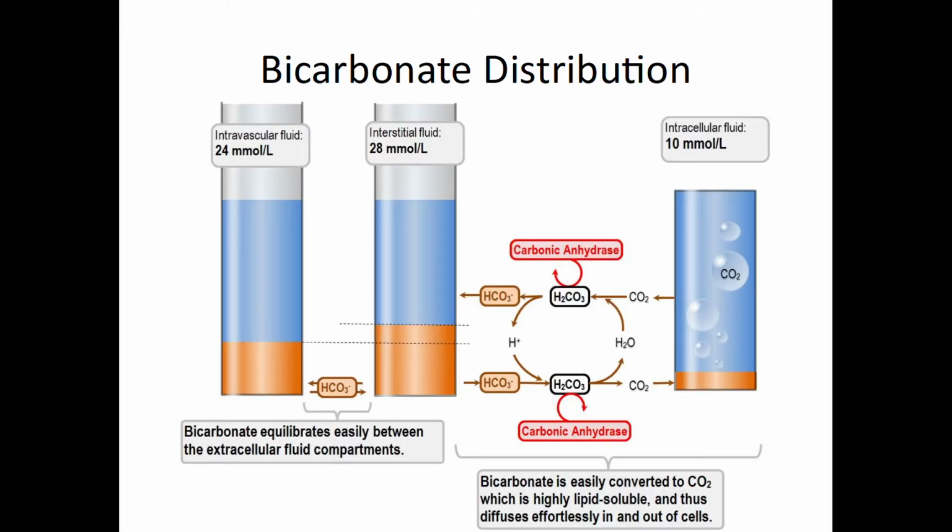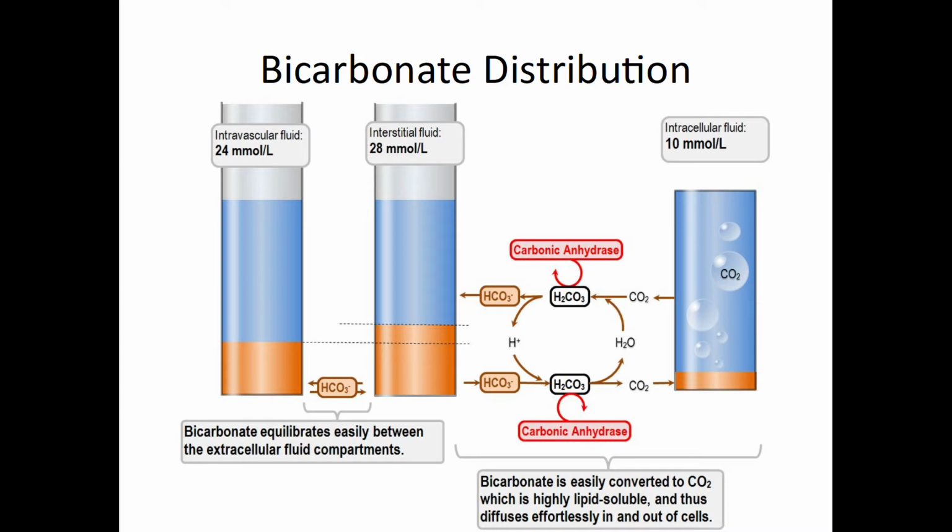And bicarbonate is moving back and forth among the extracellular fluid compartments, so it moves between plasma and the interstitial fluid. It doesn't go directly into the intracellular fluid. To move to the intracellular fluid and back, it has to be transported as carbon dioxide.